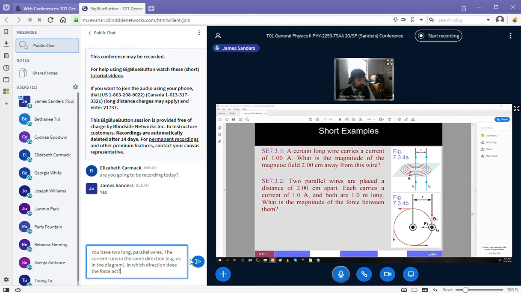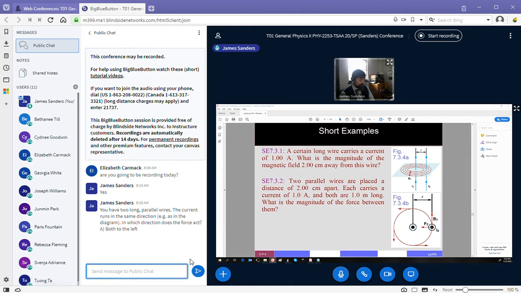So here are some possible options. Option A, both to the left. Option B, both to the right. Option C, towards each other.